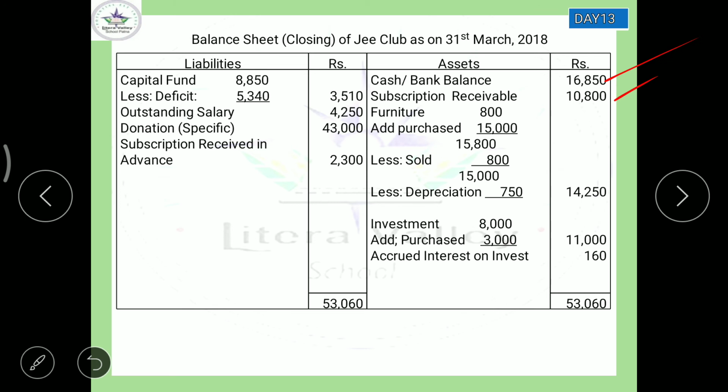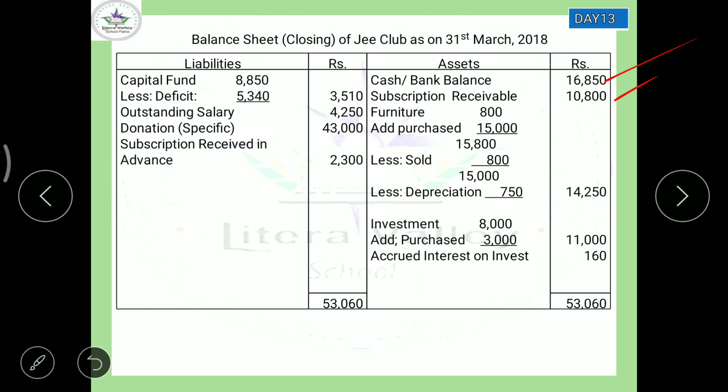So total amount of investment is 11,000. Accrued interest on investment 160. Outstanding salary for the current year 4,250. Donation received for a specific reason will be treated as liabilities, and subscriptions received in advance 2,300. Now capital fund is given 8,850 and deficit is 5,340.